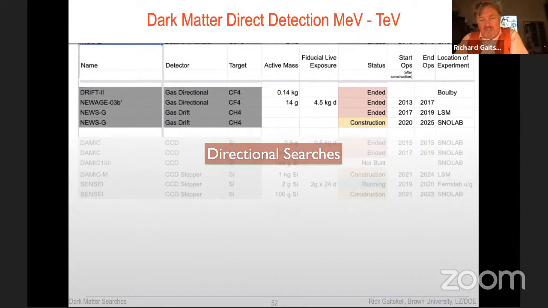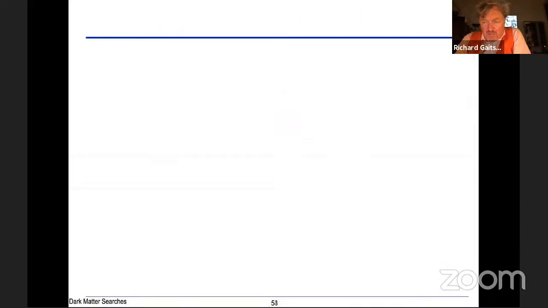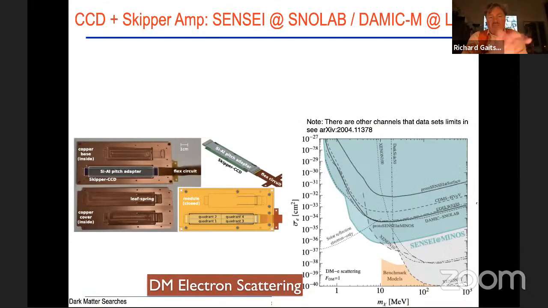I'm not going to talk about directional searches, so let me move straight on to silicon based CCDs, and very specifically Skipper CCD technology, which has got us in this remarkable situation now. I'll just talk about SENSEI, but DAMIC have also been doing very similar work, where it's been possible to again get down into the sort of MeV ranges.